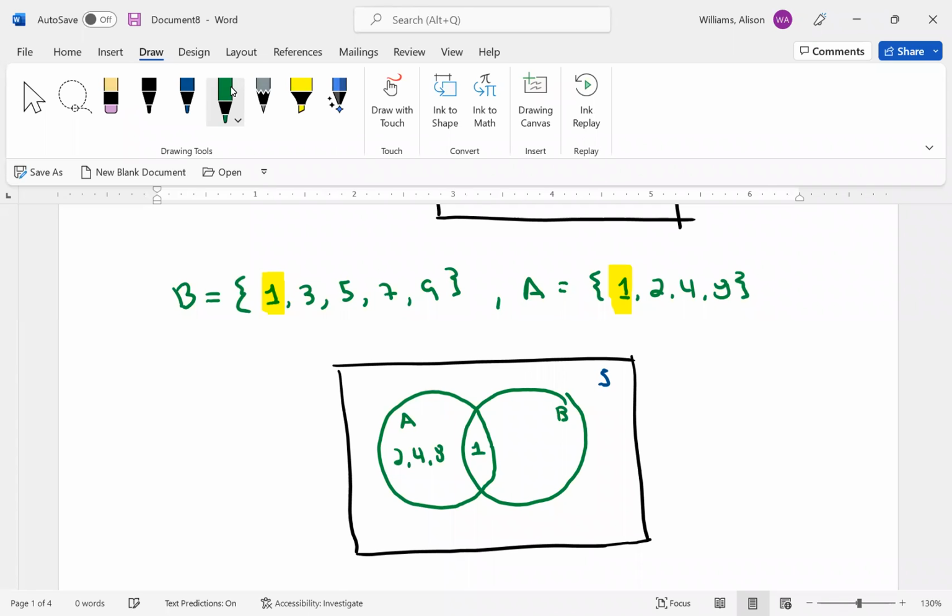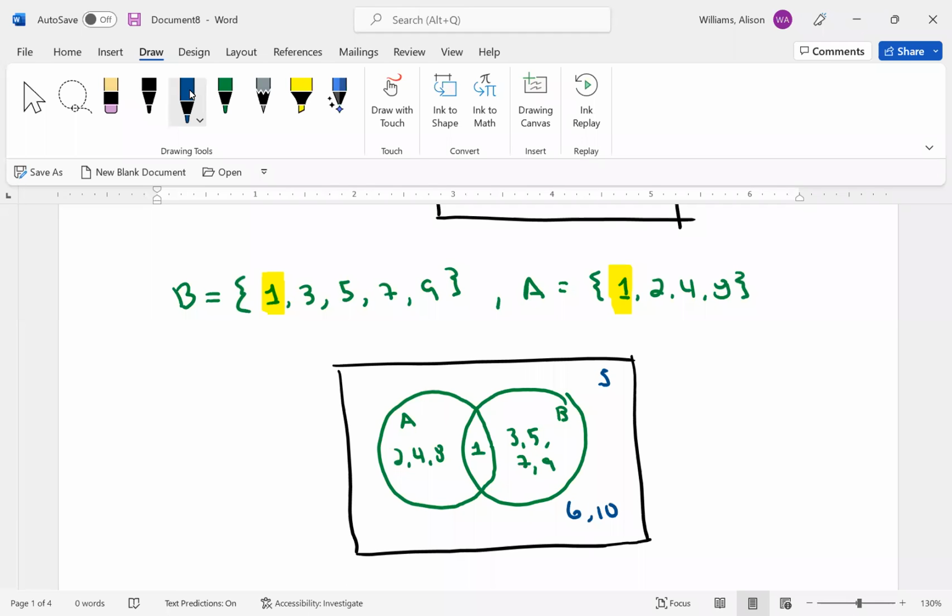And then in B, I'm going to have 3, 5, 7, 9. And then in the universe, let's see, I'm missing the numbers 6 and 10. So those 2 numbers are sitting out here in the universe, not included in A and B. And there you go. That's how we can represent information visually rather than in a list in the roster notation.